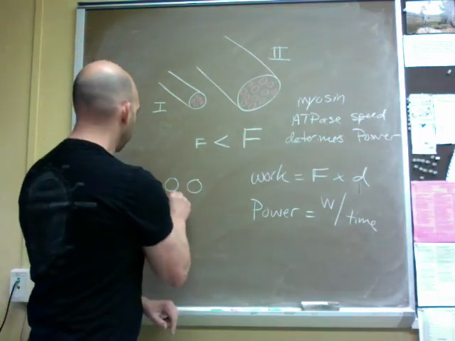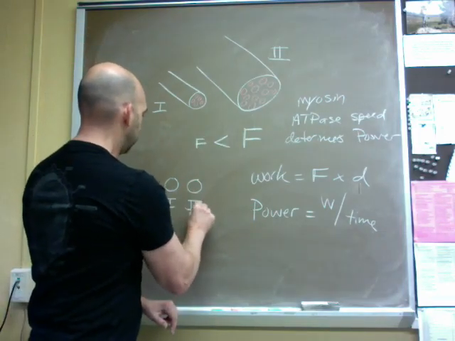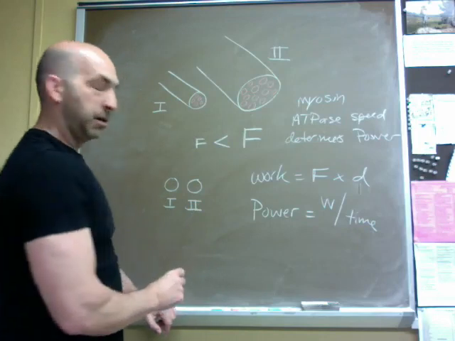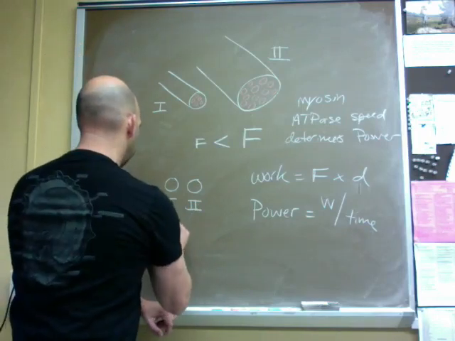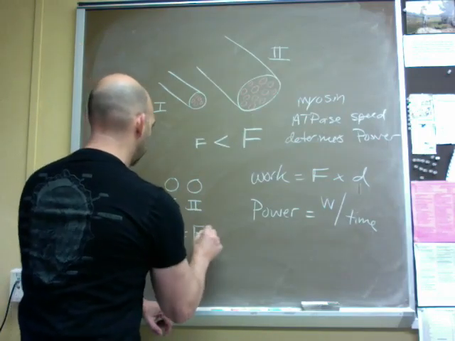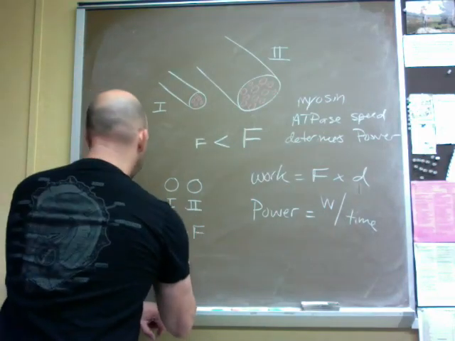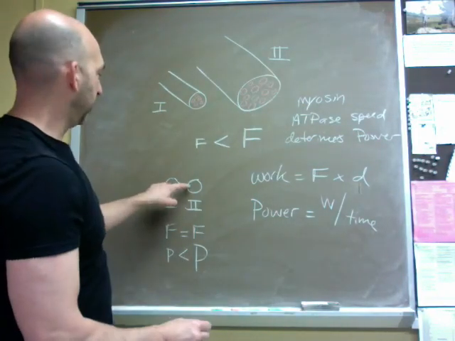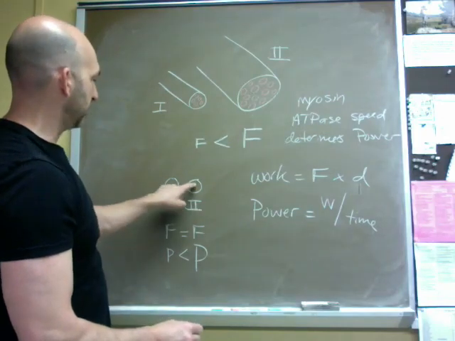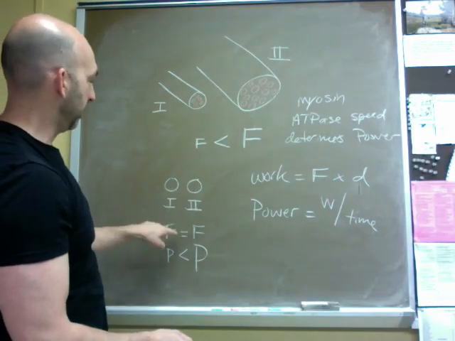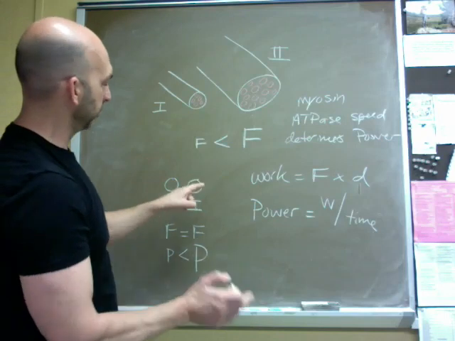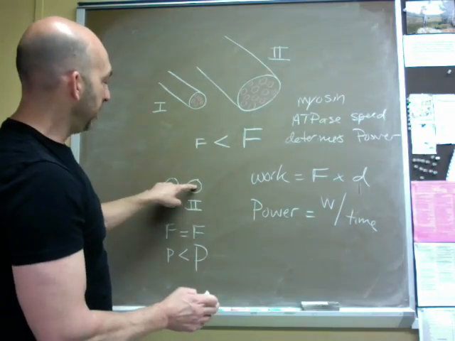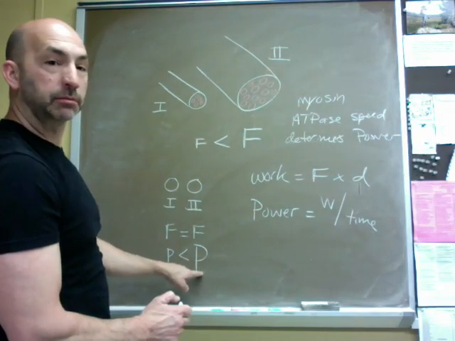However, if this is a type 1 and this is a type 2, right? So here force equals force, but power here is less than power over here. If this is a type 2 fiber, it is doing the same amount of work, generating the same amount of force, moving a load over distance more quickly, and so it has greater power.